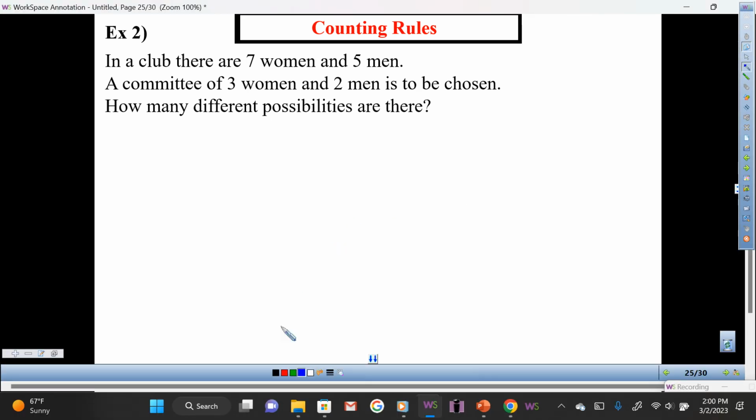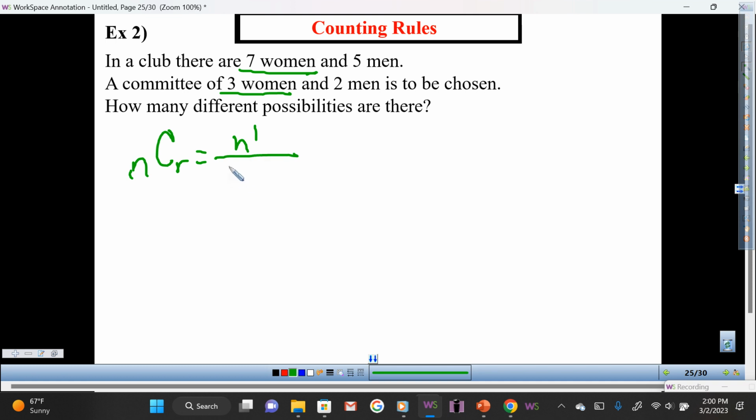Let's take this by parts. Start with the women. 7 women, and they're picking how many? 3. Okay, so underline that. If you have greens like that, we can use green for them. So then we write our rule. N combination R equals, you're right over there, Vince? All right, just checking.